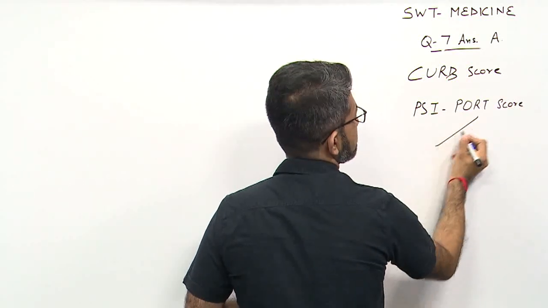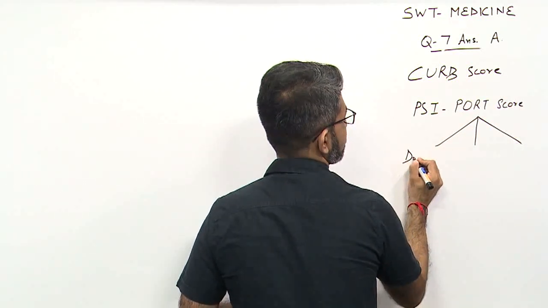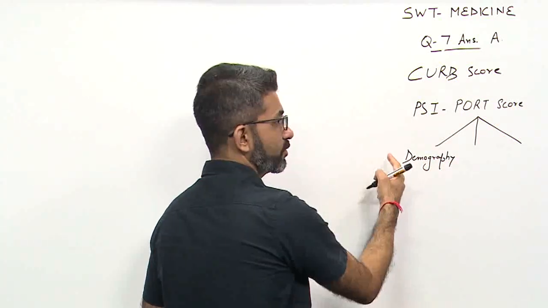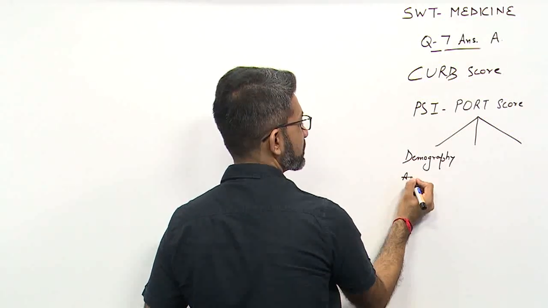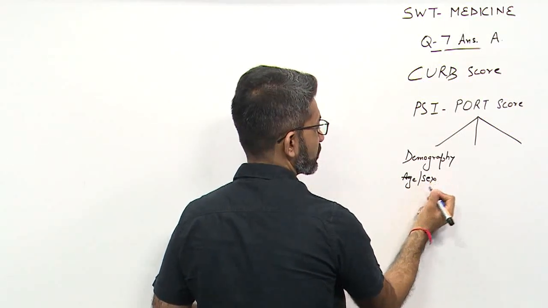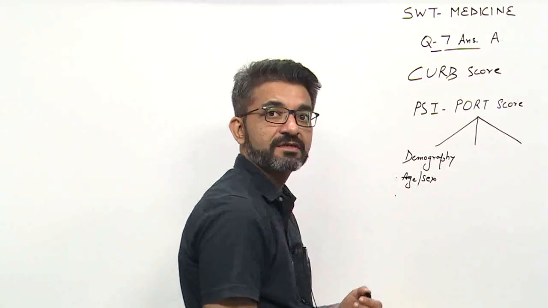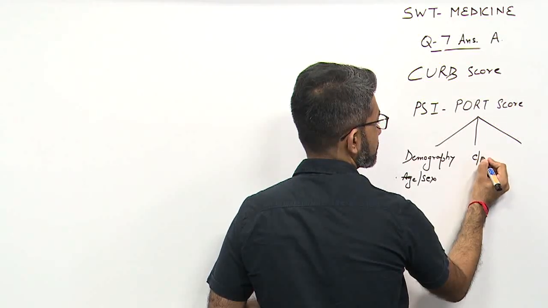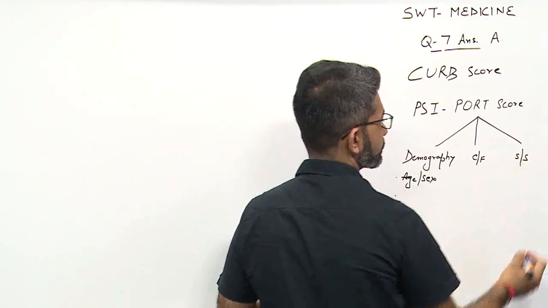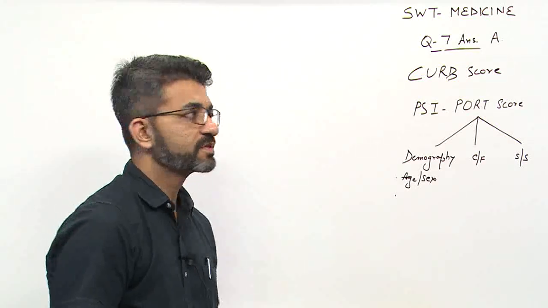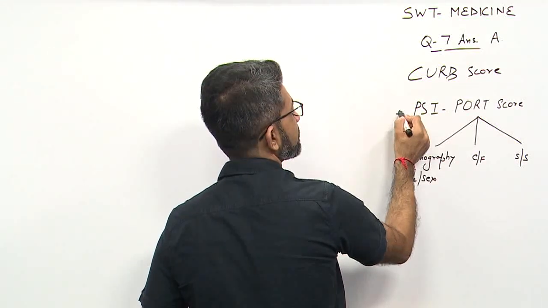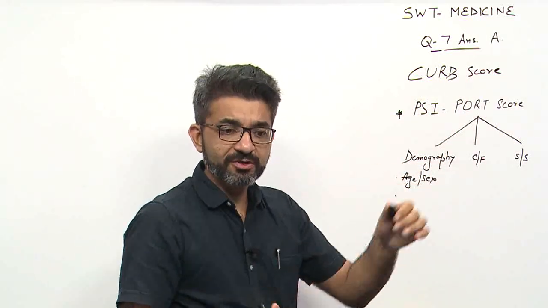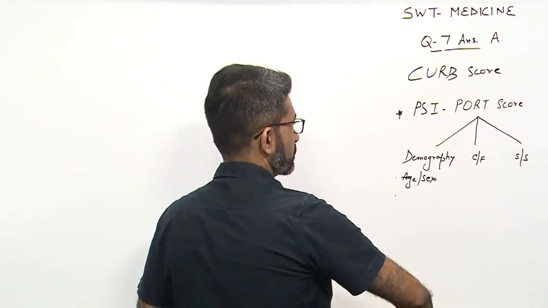It identifies three things: demography, what is the age, sex of patient, where does he stay, then his clinical features, signs and symptoms. So, technically PORT score is better as compared to CURB score, but CURB score is easier to use, PORT score is meticulous to use, difficult to use in fact.